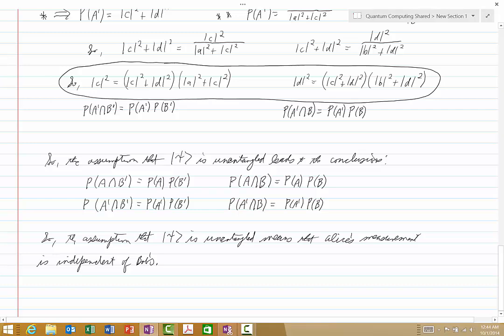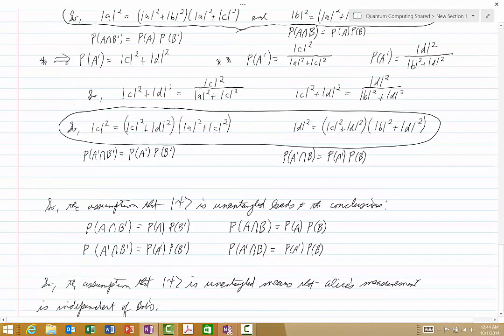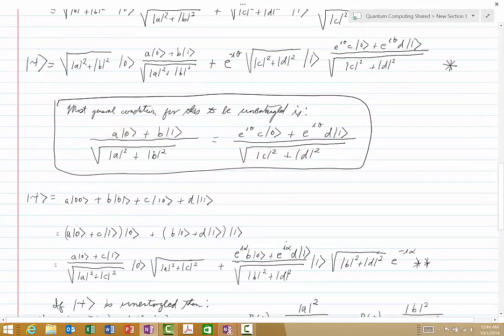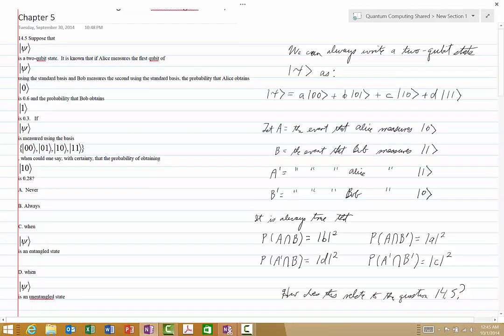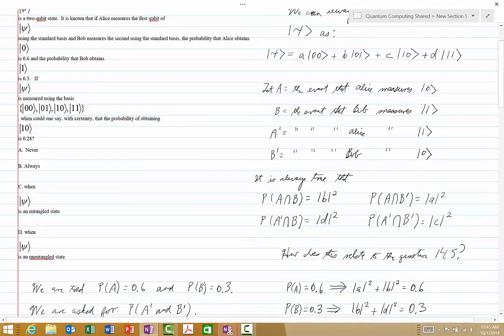And therefore, when we return to the question, we can see that, as was demonstrated, we can indeed say that the probability of obtaining 1, 0 is 0.28. We can indeed say that when C is an unentangled state.